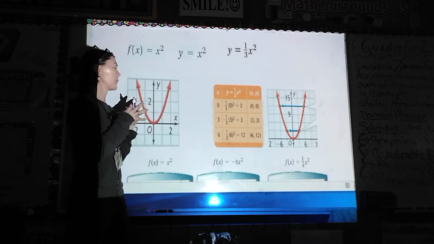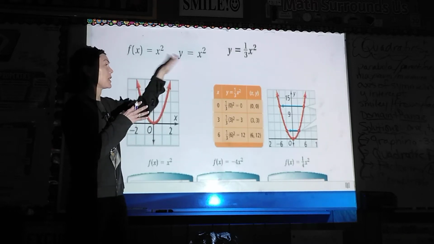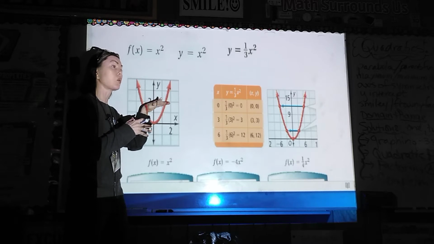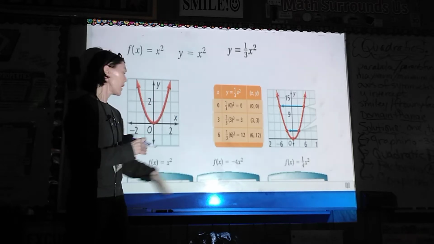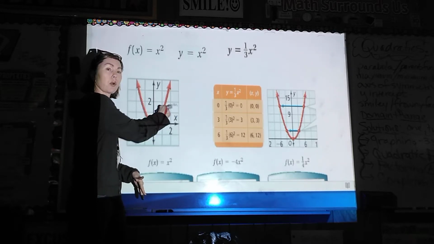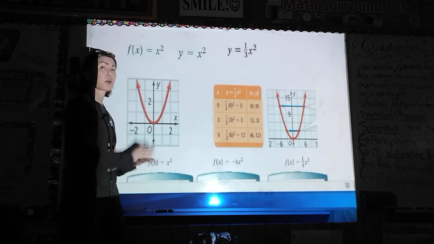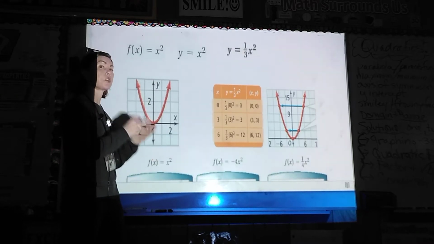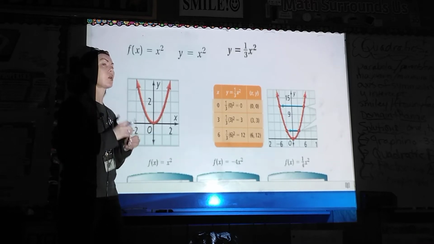And again, f of x means the same thing as y. And I did the table of values for you when we did -2, -1, 0, 1, and 2, and we put it into the table, and then we plotted each of the points, and that's how we got our parabola, our parent function.